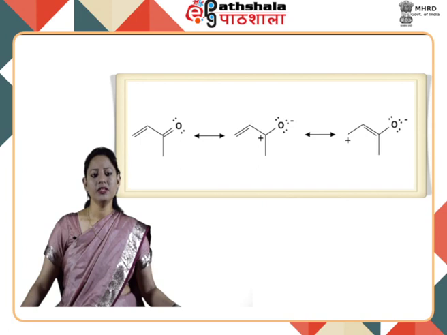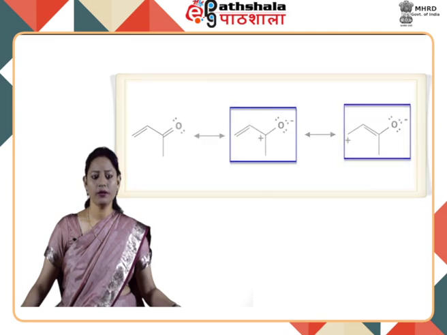The alpha beta unsaturated carbonyl system has 2 electrophilic centers, the carbonyl carbon and the terminal carbon of the unsaturated system. The nucleophile may attack to give either 1,2 or 1,4 addition product.